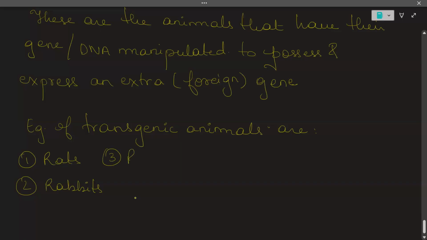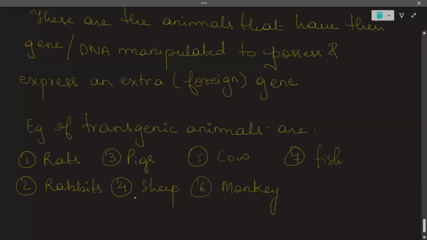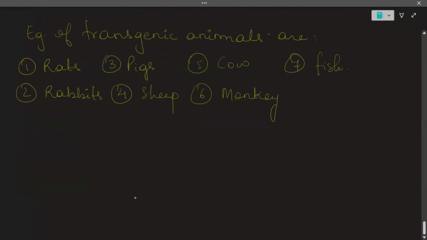It means that these products have not been tested on animals. So that rabbit can also be used as a transgenic animal or the animal for tests. Then there are pigs, they are also used. Then there are sheep. I'm not talking about animal testing and all. It's just that these animals have had their DNA modified. And in higher organisms there was the monkey. There's also fish.